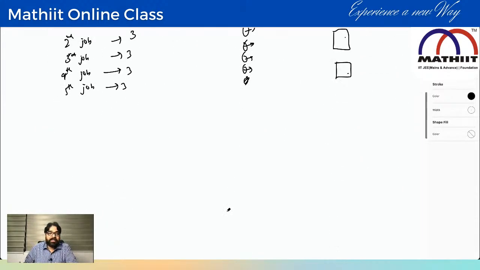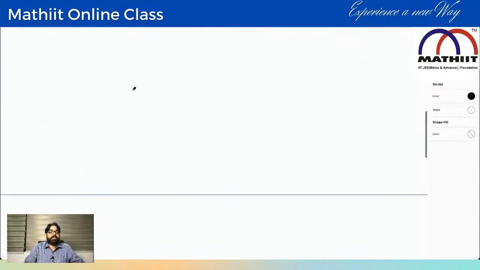Now, imagine a situation. Suppose this is the point A and this is the point B. If a person wants to go from point A to point B via C, some C point is there, so he has to go first to C and then to B. A to C he can go by, suppose, 3 ways.